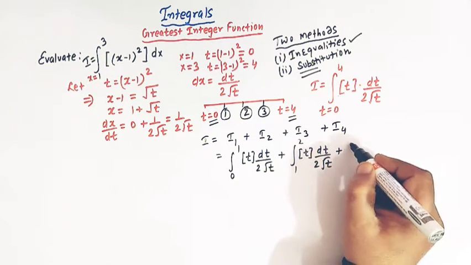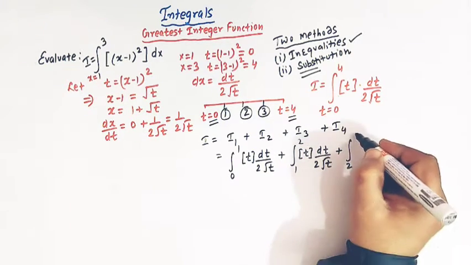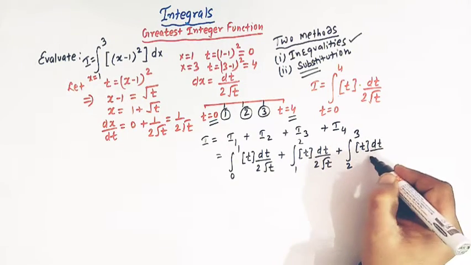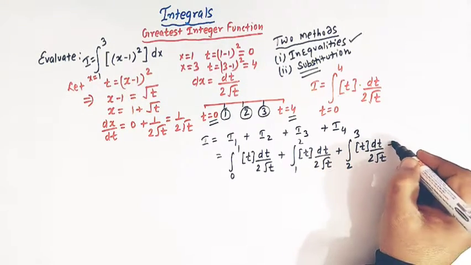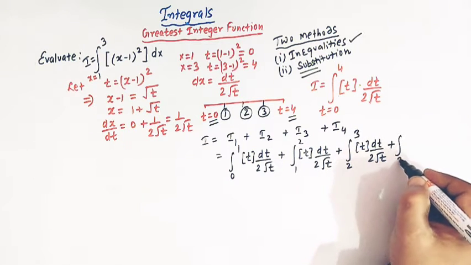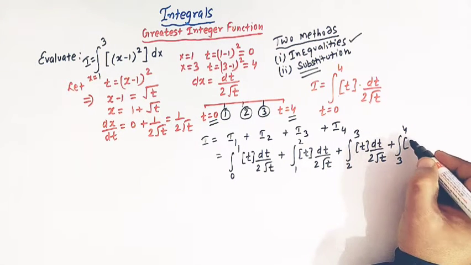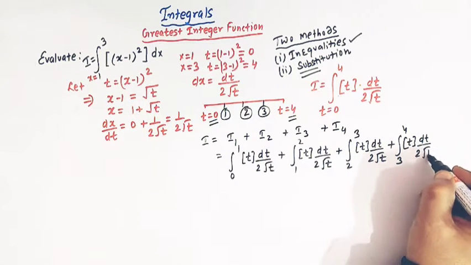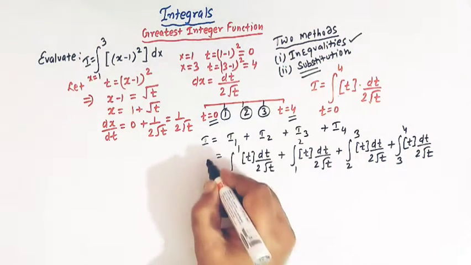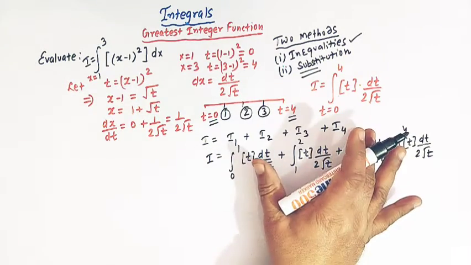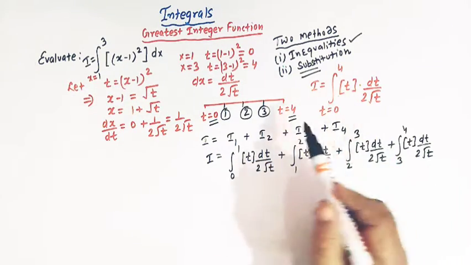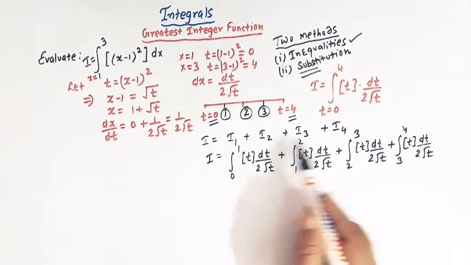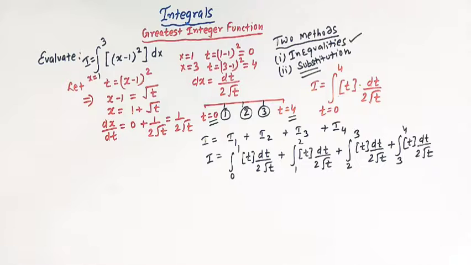The third integral is from 2 to 3, with the same integrand, and I4 is from 3 to 4, greatest integer of t, dt over 2 root t. So we have written this integral as a sum of four integrals.